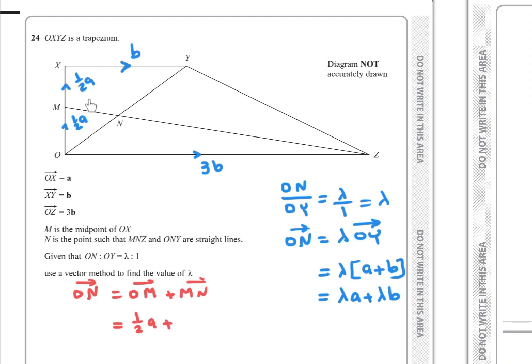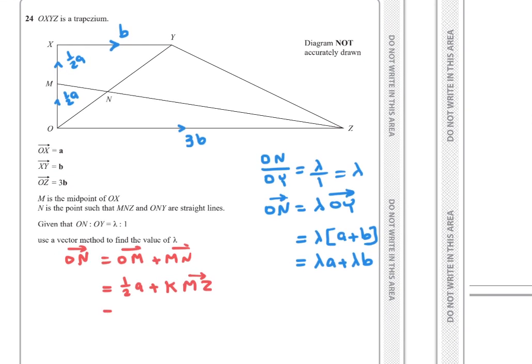MN is part of MZ, a fraction of MZ. So we can say this fraction is k, so k MZ. MZ equals MO plus OZ, so negative half a plus 3b.